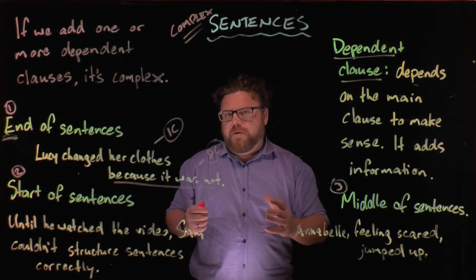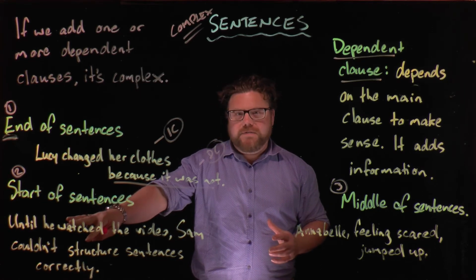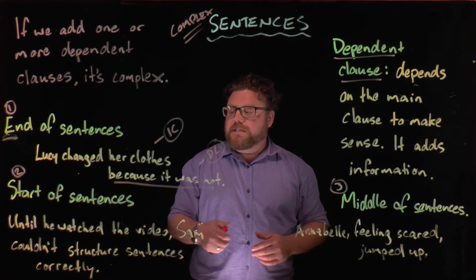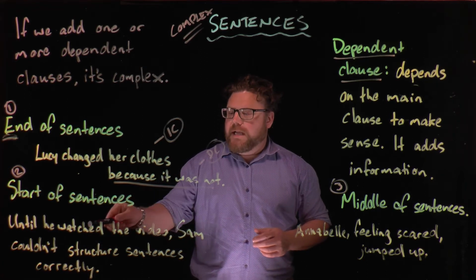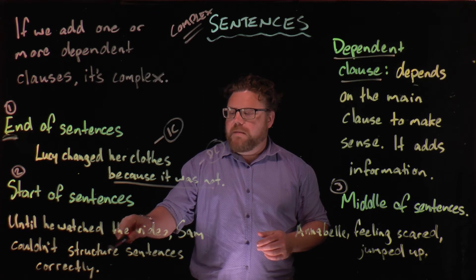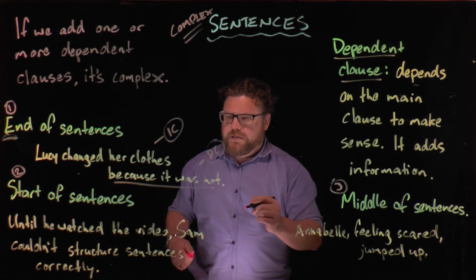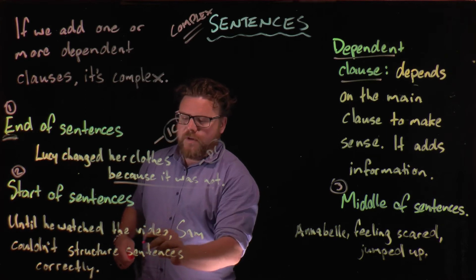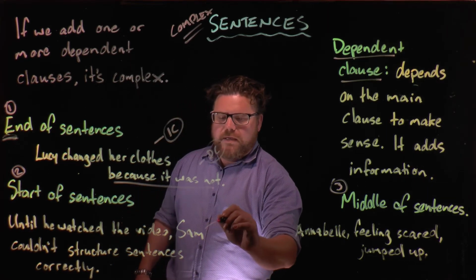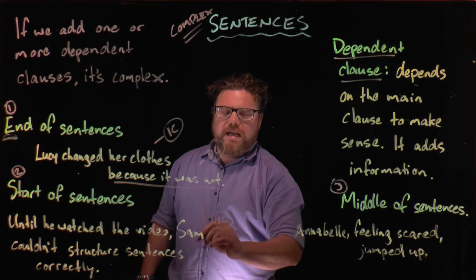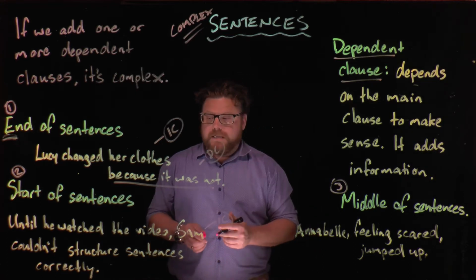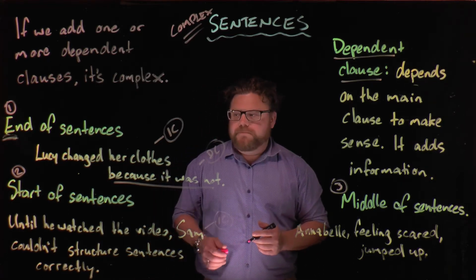Dependent clauses in a complex sentence can also come at the start of sentences. So if we look at this second example, it says, until he watched the video, Sam couldn't structure sentences correctly. Now, if we were to just have Sam couldn't structure sentences correctly, that could stand alone as its own sentence. It is an independent clause.